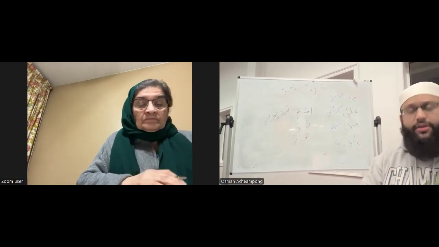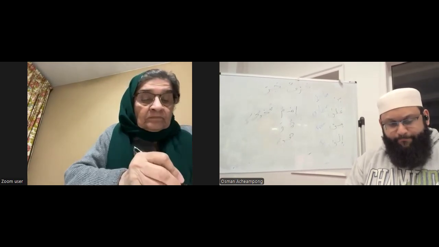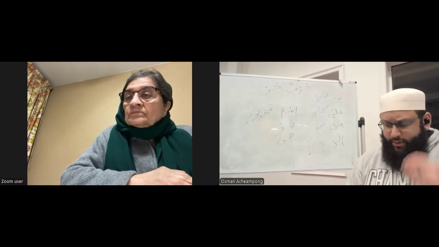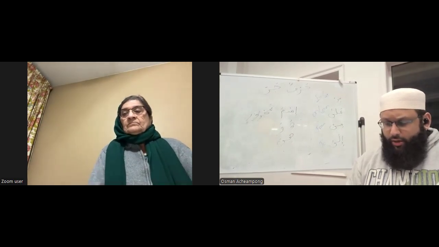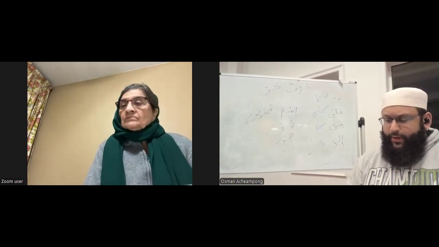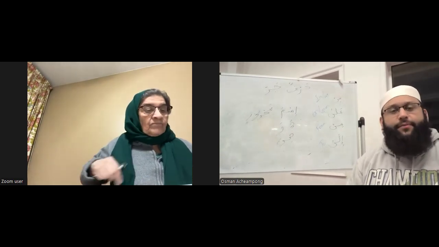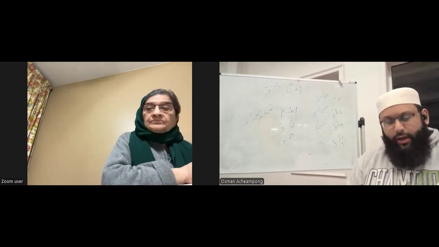So this will be the last thing for now. What we're going to do next time is read over Iqra Waktub at the bottom of page 22, to read and write. So if you can familiarize yourself with that, that would be good.